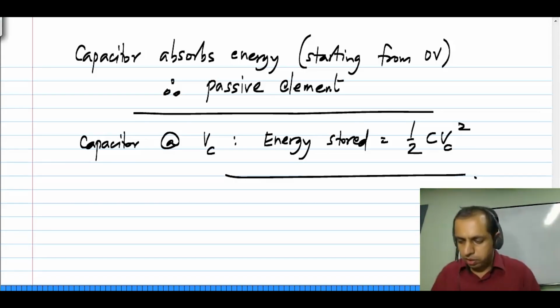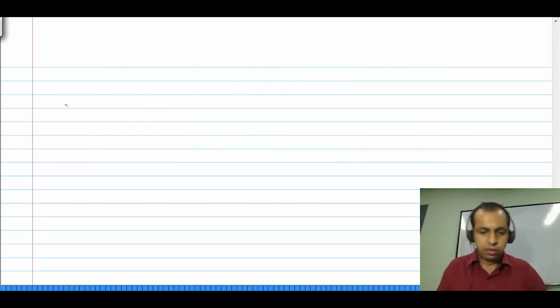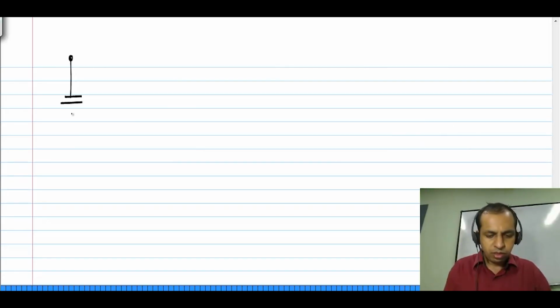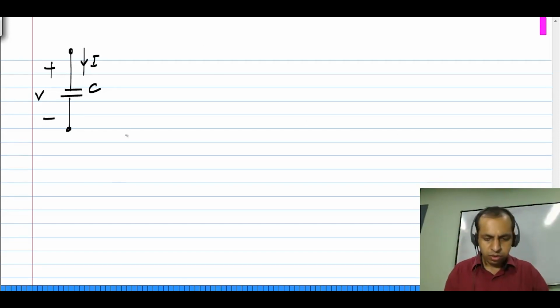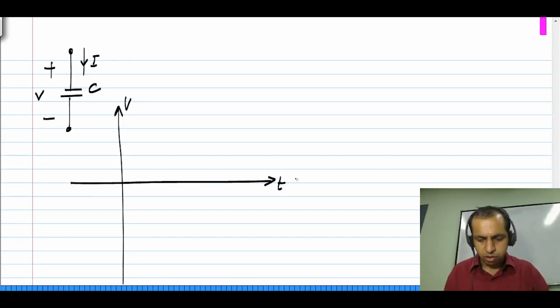Now let's take a quick numerical example. I have a capacitor C with a voltage V and a current I. Let me define the capacitor voltage waveform. Let's say it is 0 for t less than 0.